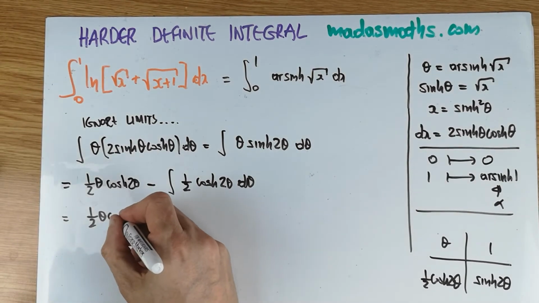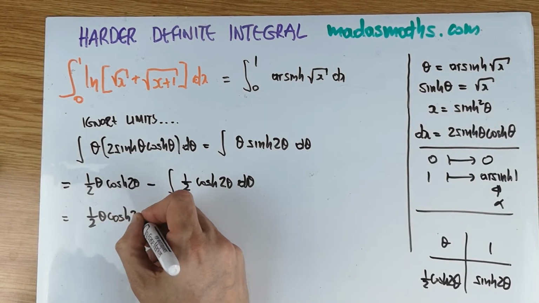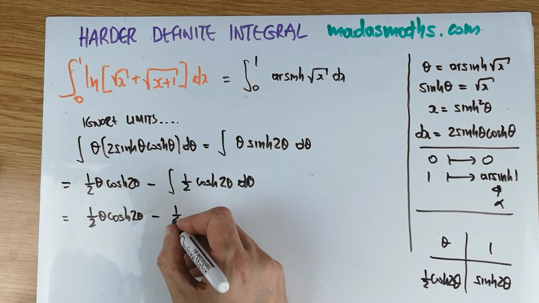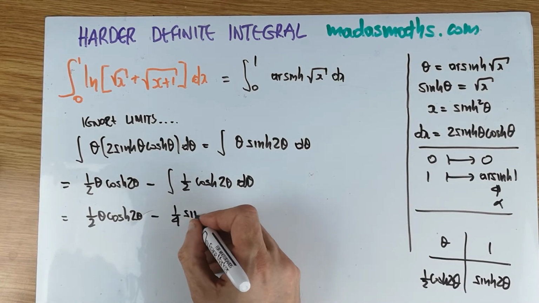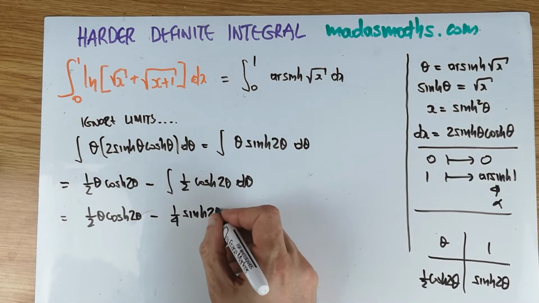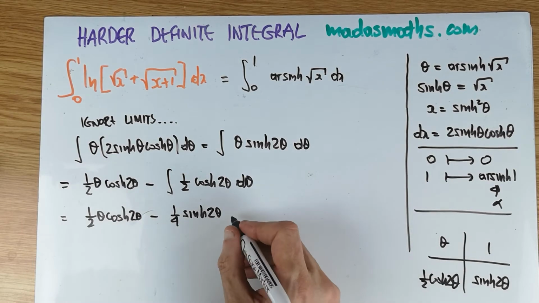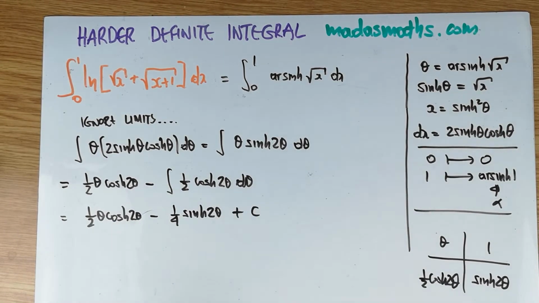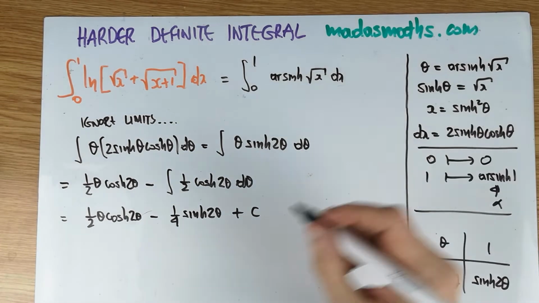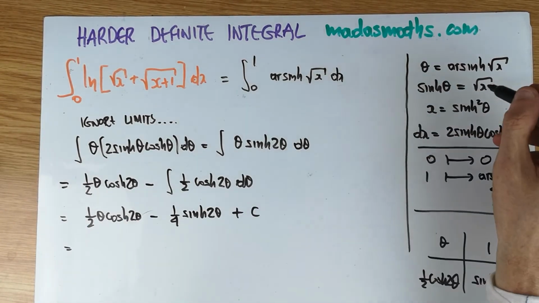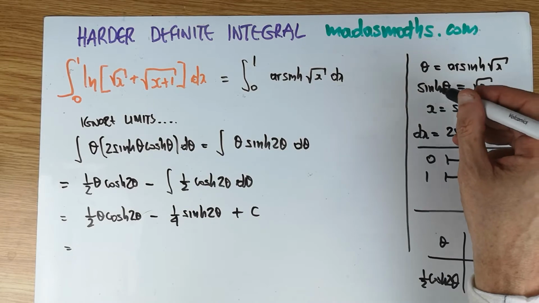And this will now go into this quantity, minus 1/4 sinh 2 theta plus a constant. So we really need to go back into x's, and the way back into x's is through sinh.